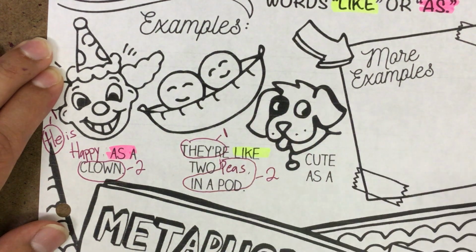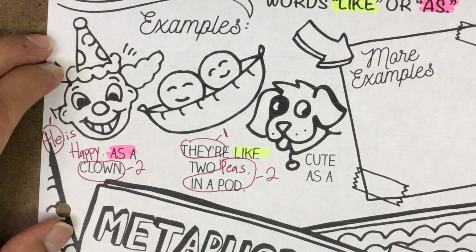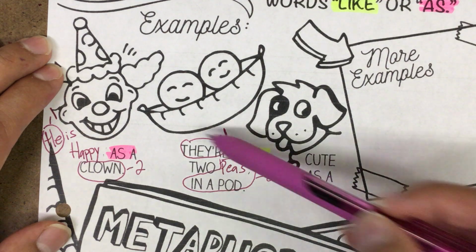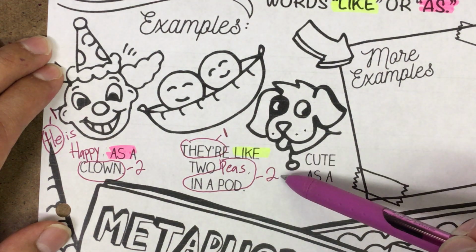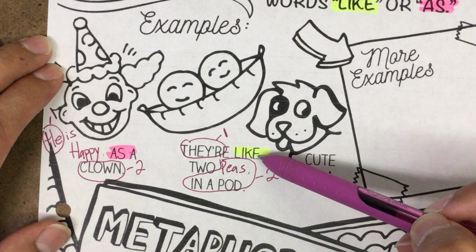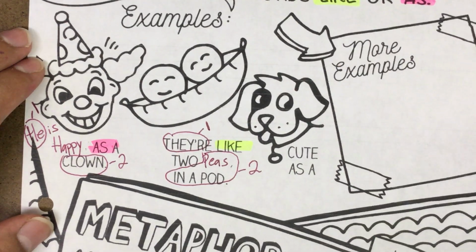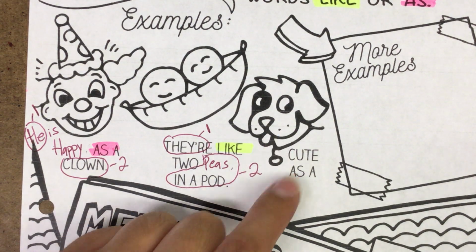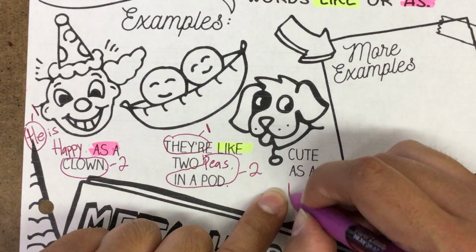This is the second thing that's being compared. So they are comparing those two people to peas in a pod. One, two things being compared using the clue word like. Then our last example with an illustration is cute as a puppy.